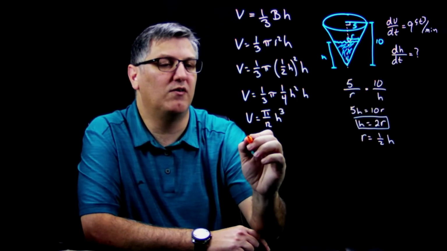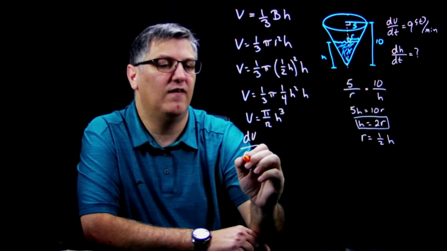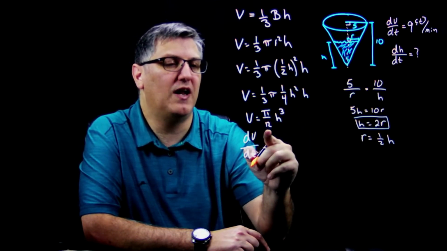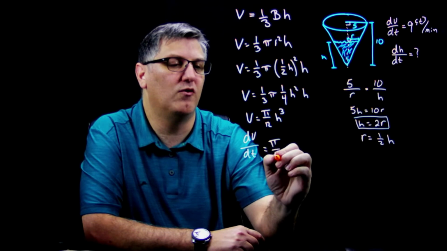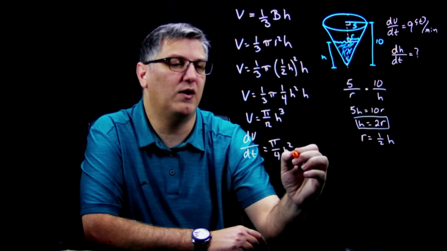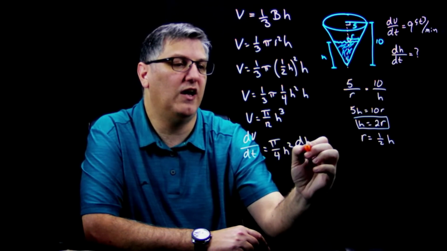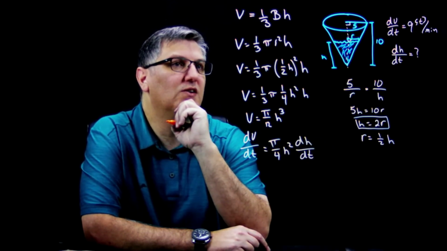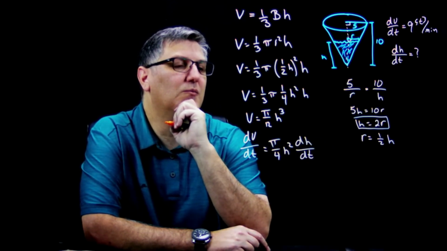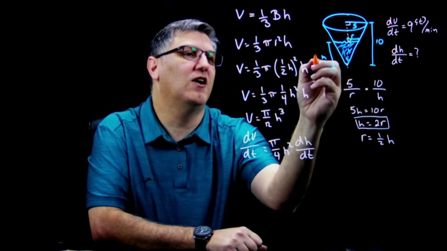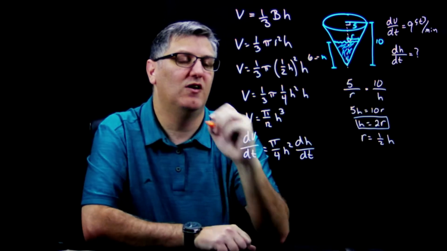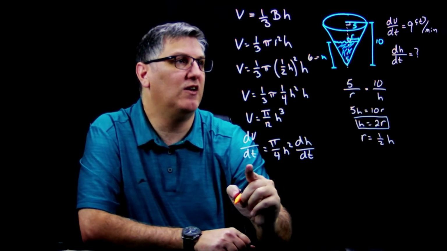So I can take the derivative of this. I get dV/dt equals, if I bring my 3 down, pi over 4 h squared dh/dt. All right, it seems like I'm missing something. I need to know what h is. Oh yeah, it told me it's when it's 6. So I have an h, and I have a dV/dt.